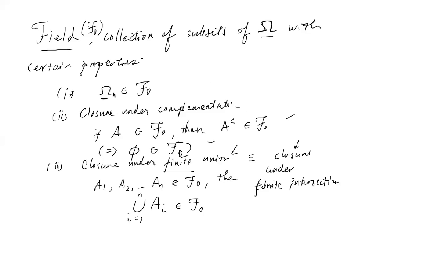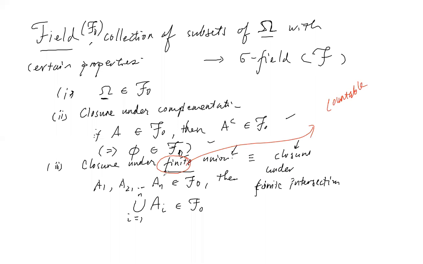This forms the basis for what can be meaningfully discussed in probability. So the field, and later on we have the sigma field. Sigma field is basically the same thing except that you extend this part to countable.